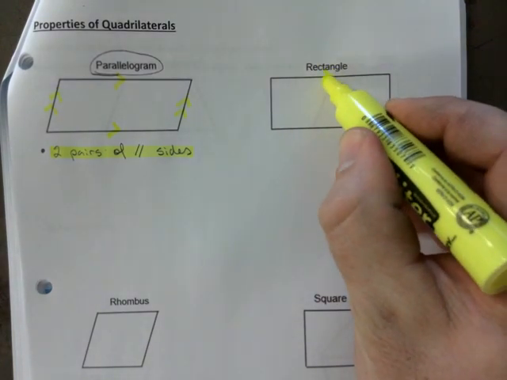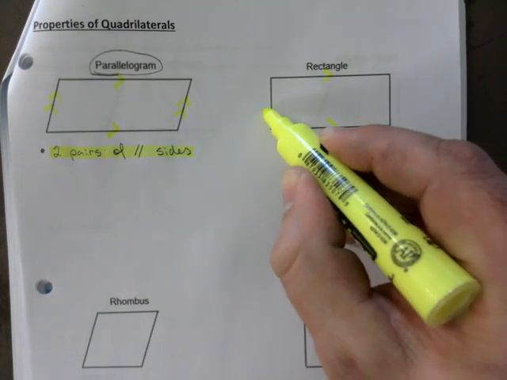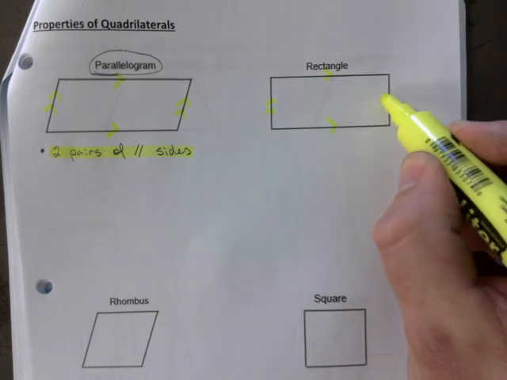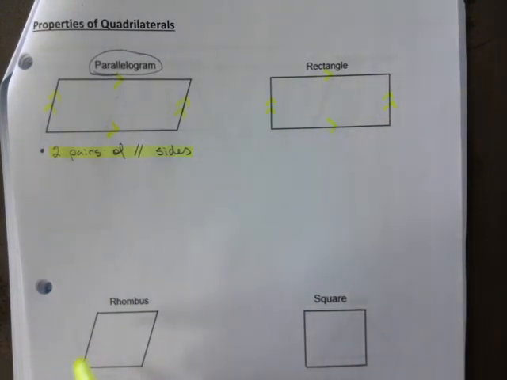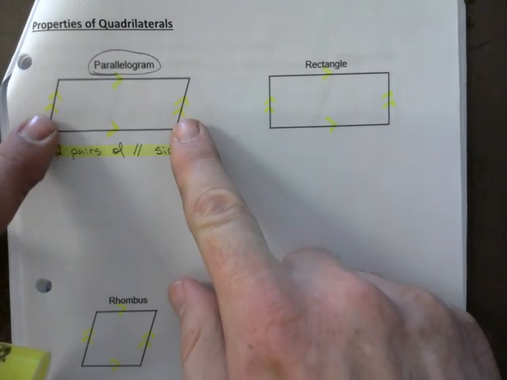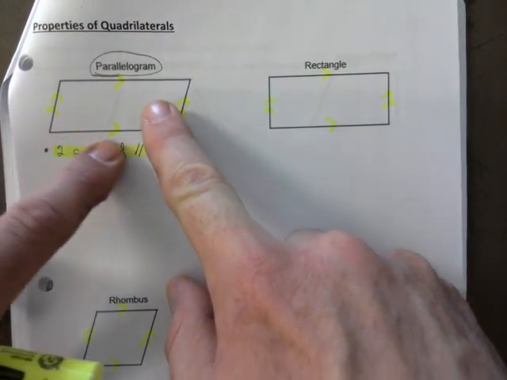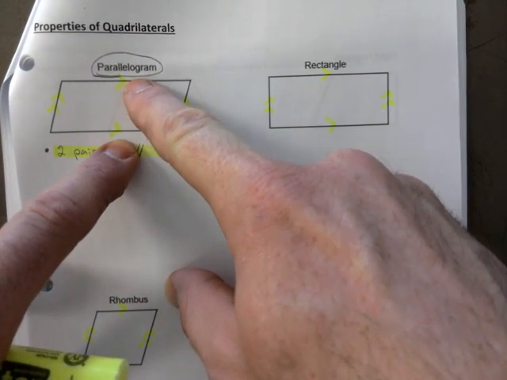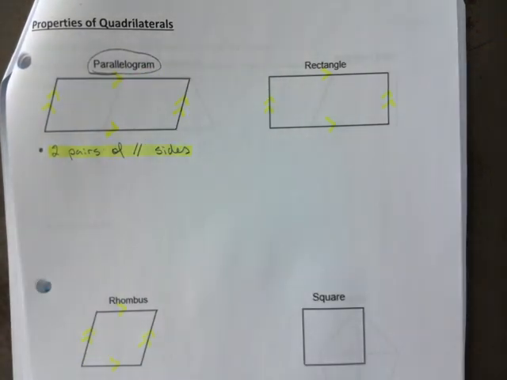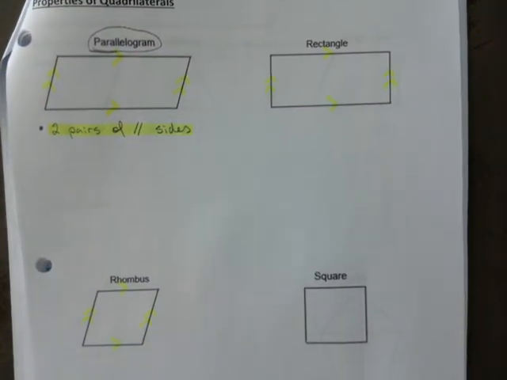Right, so rectangle has that. So that's a property that you can label for every single one of these. Why is there two arrowheads for the ones going up and down and one for the going sideways? Well, because we're saying these two lines are parallel and these two lines are parallel, right? Like we're kind of saying which two lines are parallel. Oh, I forgot the square.